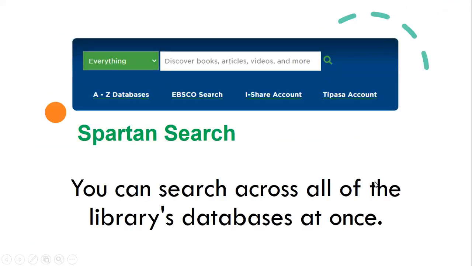When you're searching the library databases, there's actually a way to search across everything. And if you go to the Phillips Library website, that's the first thing you see. It's that blue box, a search box. It pretty much does like it says. It lets you search across everything that the library has. However, if you click this A to Z databases link, it will take you to a list of all of our individual databases.